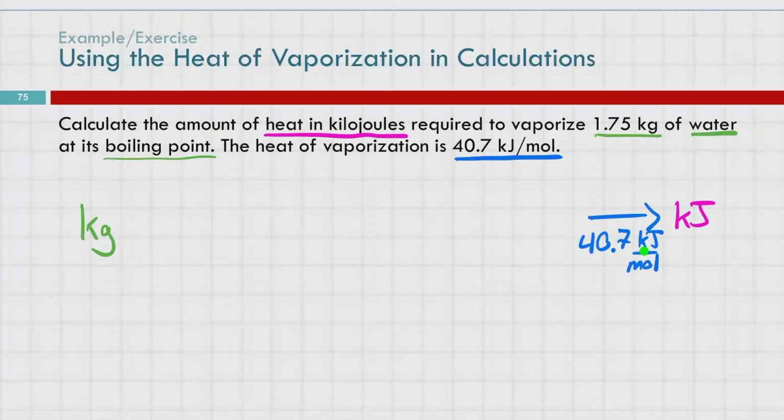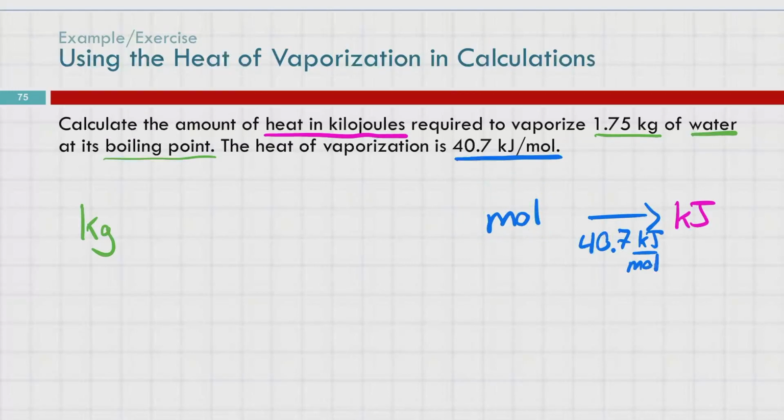What unit would we need to get to kilojoules using that conversion factor? It's the other unit in there, it's moles. So if we get to moles, we can get to kilojoules, and that would just be multiplying by this 40.7. We'll see that when I write out the calculation later.